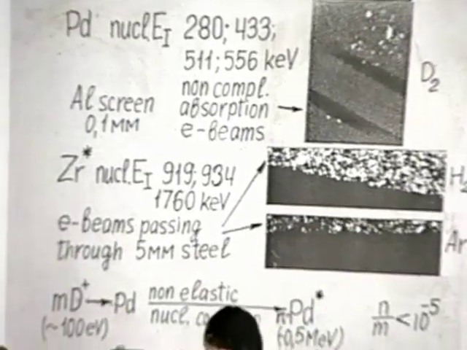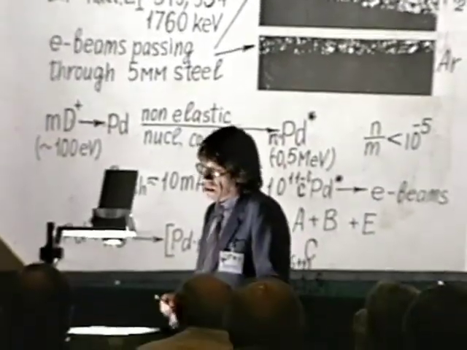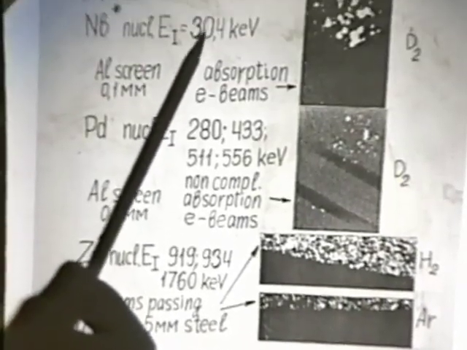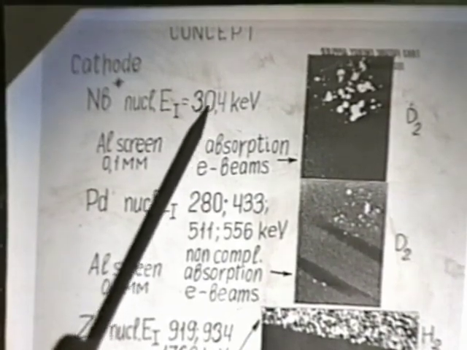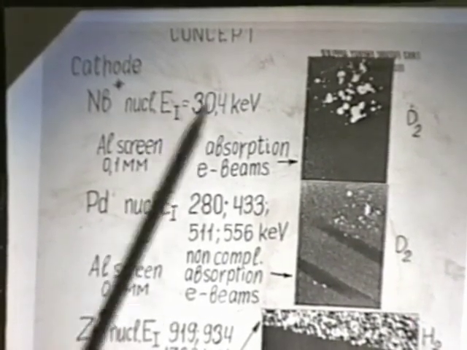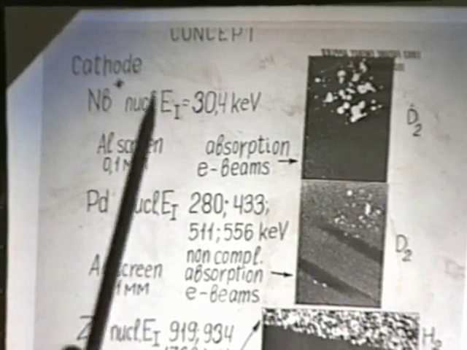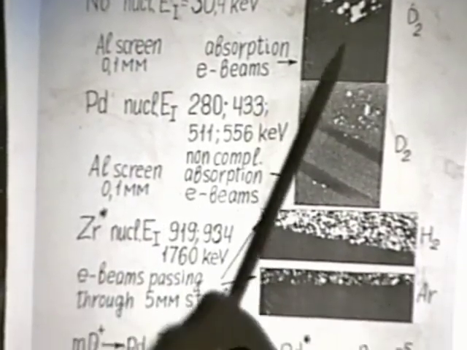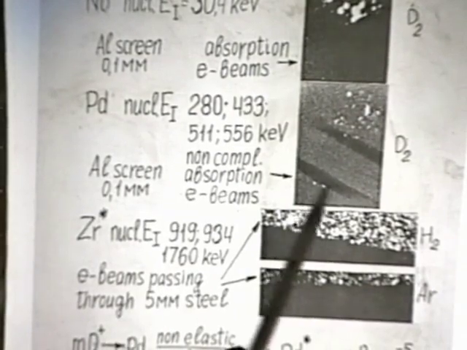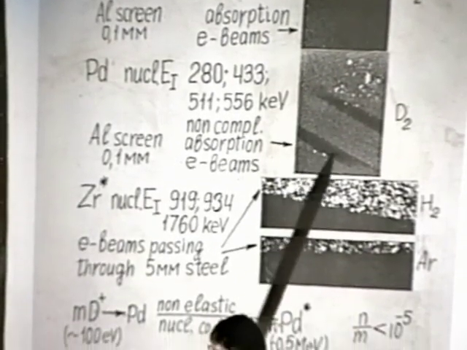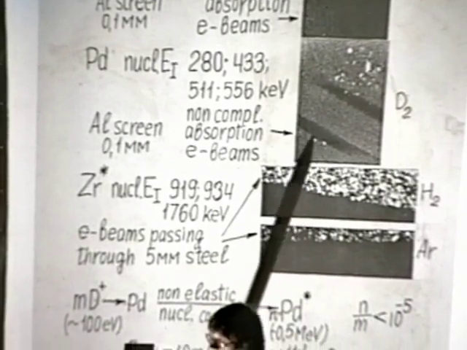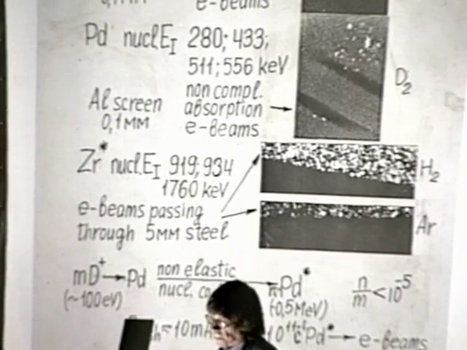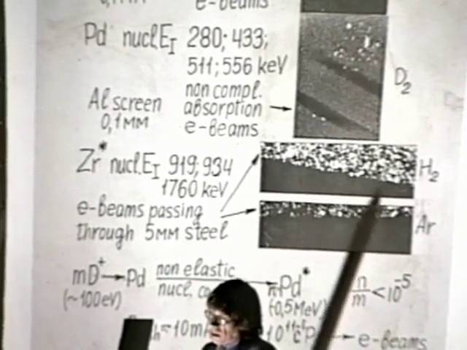When different materials were compared, we found a correlation. For cathode materials, the radiation was completely absorbed by aluminum foil. For palladium, we can see partial absorption, partial penetration.